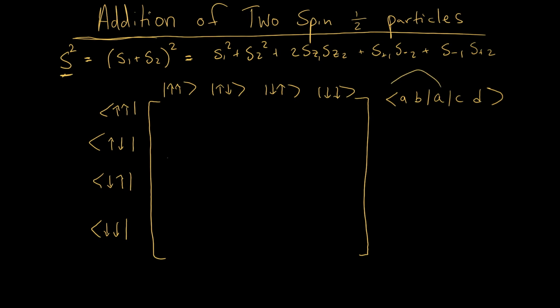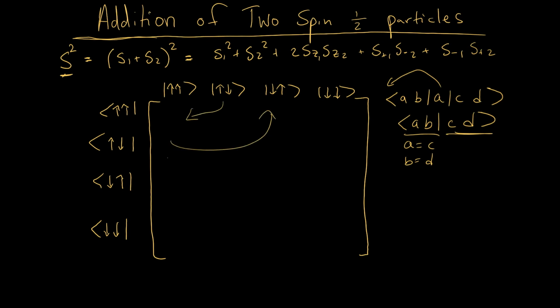You can pull that number in front, and then this bracket will be 0 unless A equals C and B equals D. In other words, AB here has to be exactly the same as CD, or else this will be 0. This is going to be important when we're combining different spin states. So you'll have to remember, if you've got just a number in front after you put in the eigenvalue, and then you apply the bra to it, it's going to be 0 unless they're exactly the same. Okay, so let's get started.